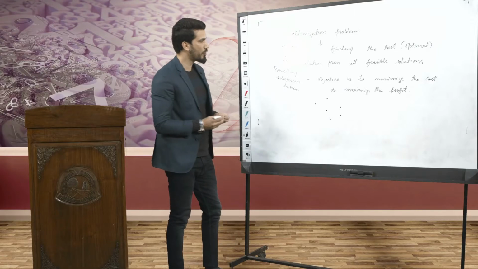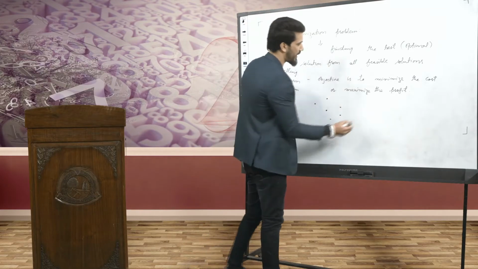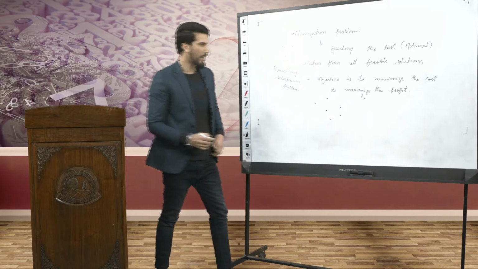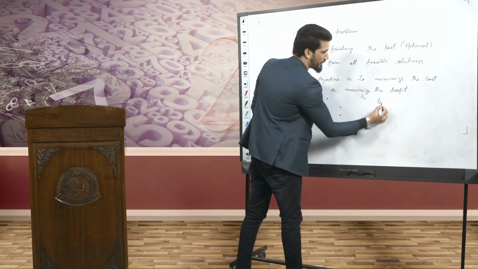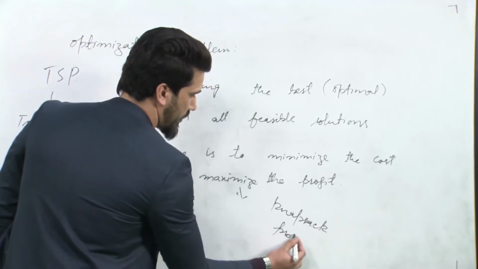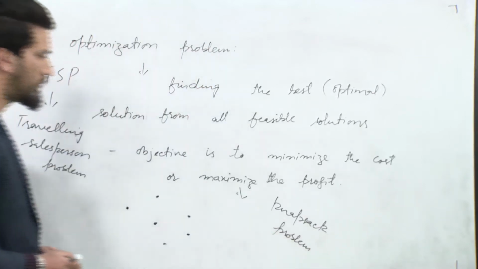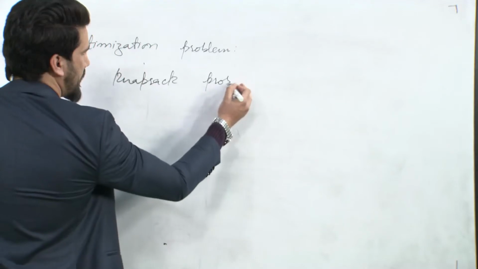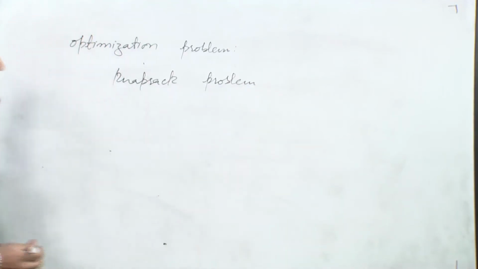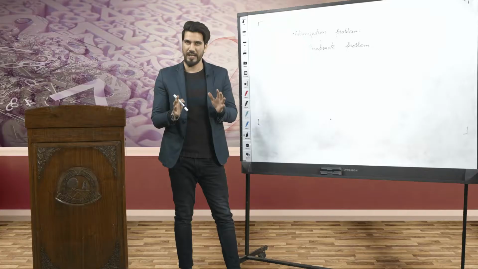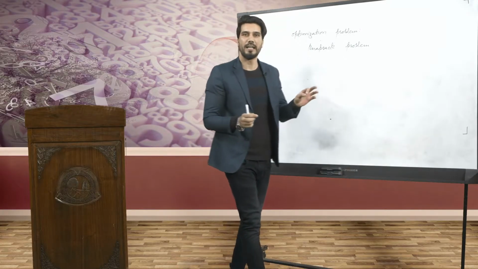Now, one more problem which we can think of as far as maximization of profit is concerned, we have the knapsack problem. What is the knapsack problem? It states that we have a bag, a knapsack, which is constrained by capacity.